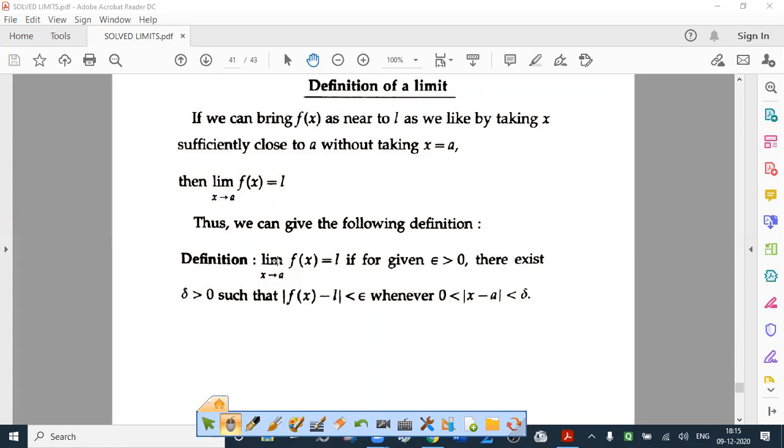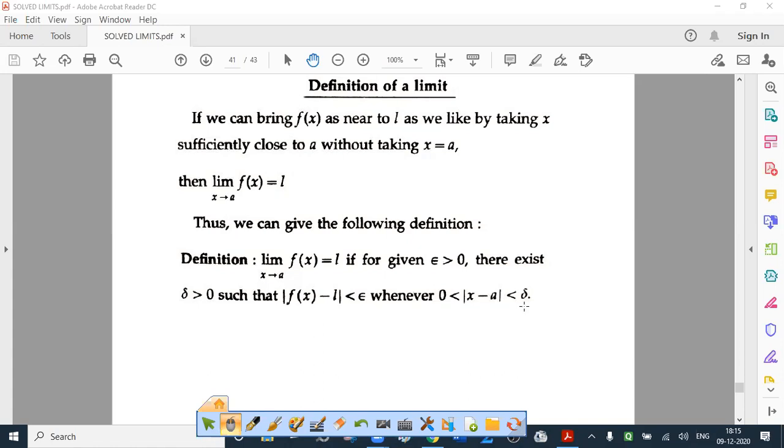So limit of f of x as x tends to a equals L, if for given epsilon greater than 0, there exists delta greater than 0 such that mod of f of x minus L is less than epsilon whenever 0 less than mod of x minus a less than delta.